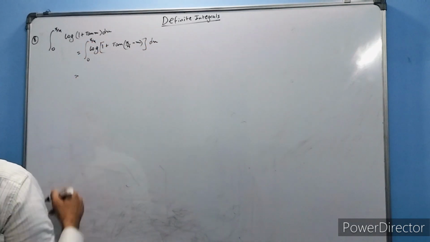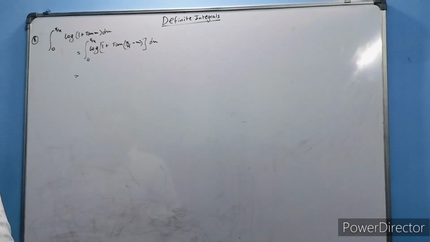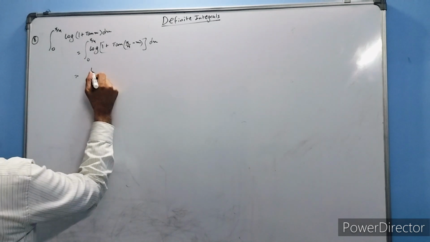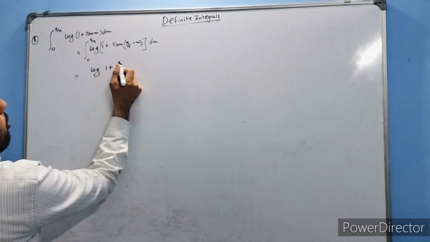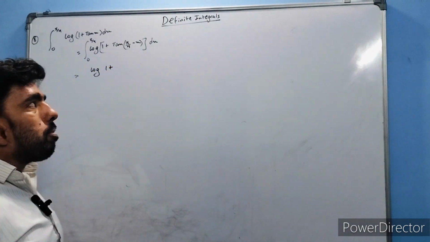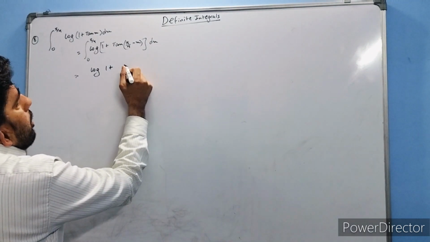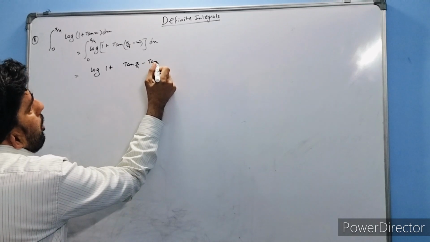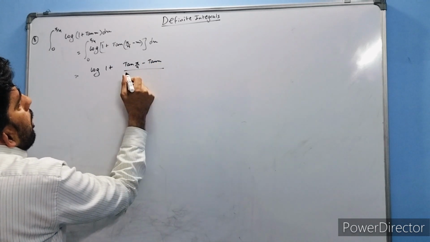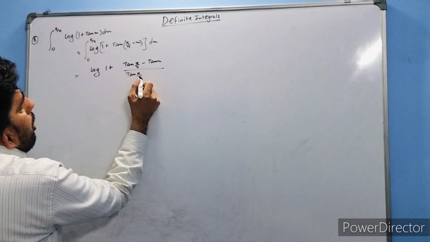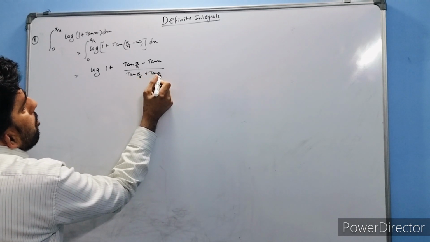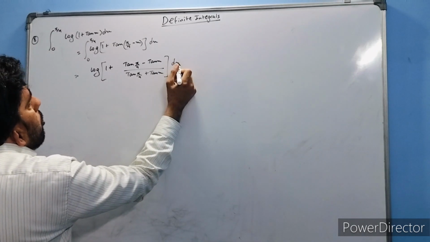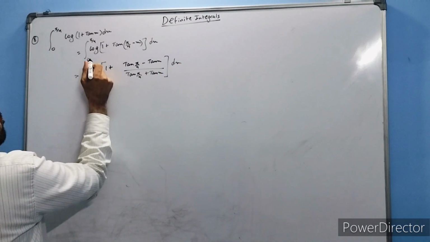So now we'll try to solve this. Let us see how we can do it in a very easy way. We have log 1 plus, we'll apply the formula for tan of a minus b, that is tan a minus tan b upon 1 plus tan a tan b. Okay, so now we'll try to implement it. How to do it?